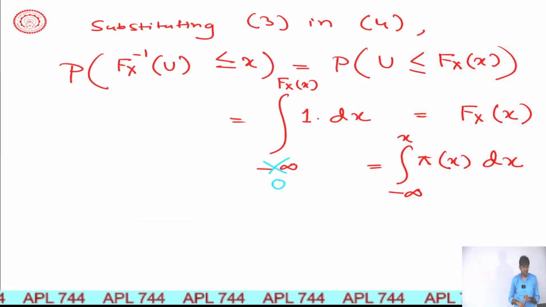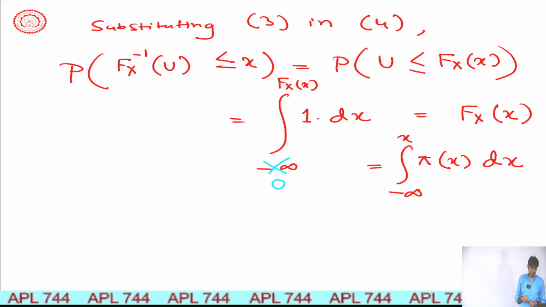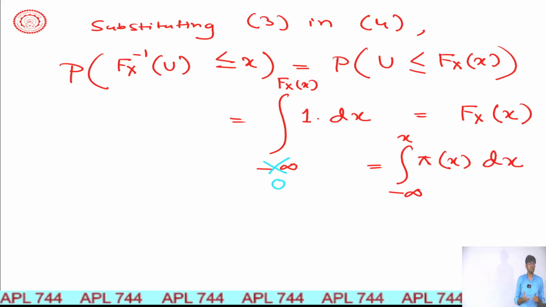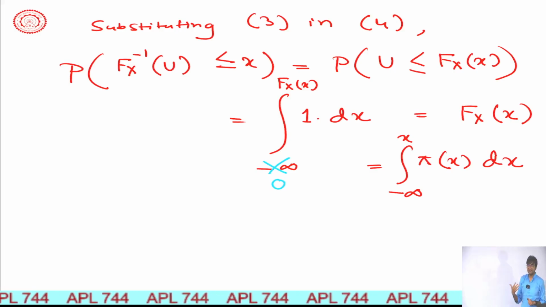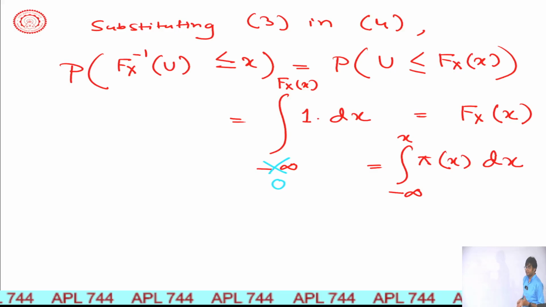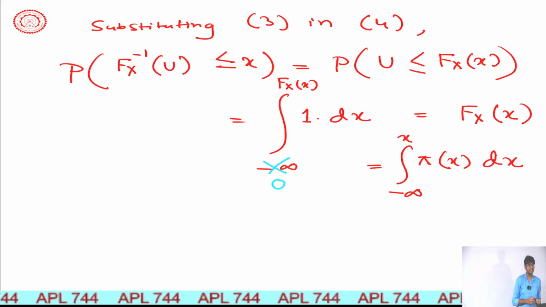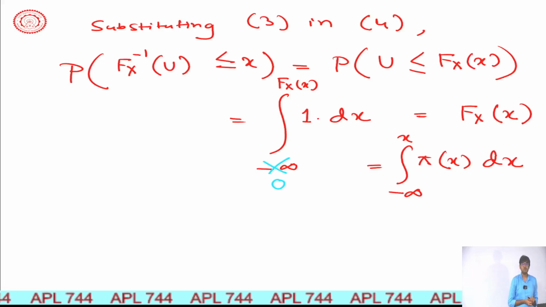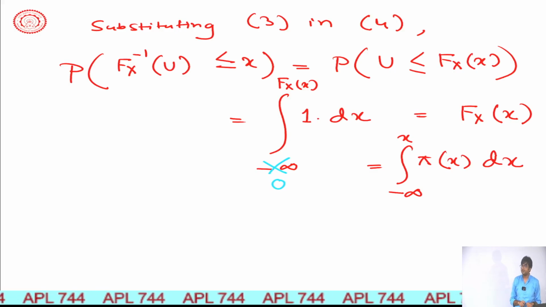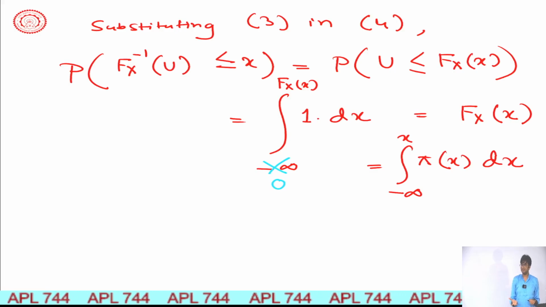Clear? Let me repeat once more. I wanted to prove that with that transformation Fx inverse u, whatever samples I generate is from pi x, because only then I can claim that I am generating from pi x. So this is equivalent to proving that whatever samples I generate from that transformation follow the same CDF that you will get with pi x, right?